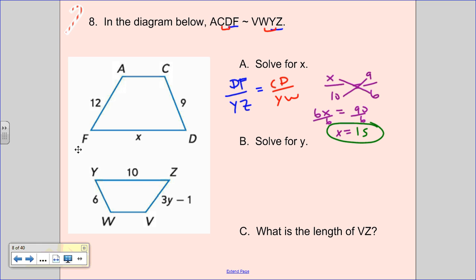Okay. Now it would like for us to solve for y. Again, I think I will use CD and YW because I definitely know both of those numbers. And then I need, since y is in VZ, VZ is the same as AF, according to its location.